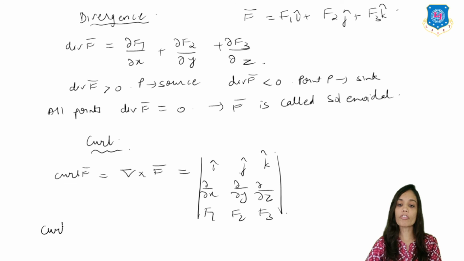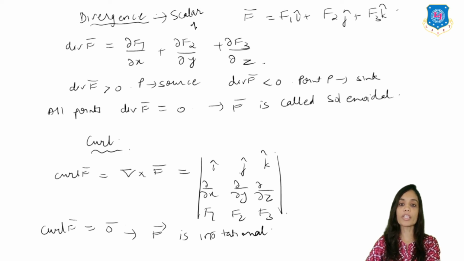Now if curl of f bar is equal to 0 bar, then f bar is what? Irrotational vector field. Otherwise we call it a rotational vector field if this curl is not equal to 0. Right? So this divergence is a scalar quantity, right? And this curl is a vector quantity. Fine.